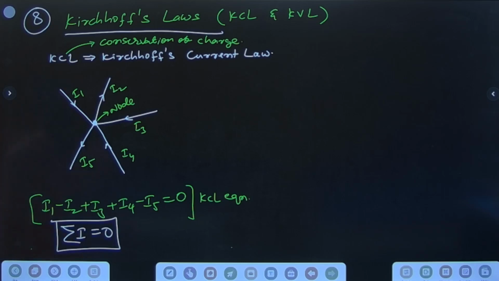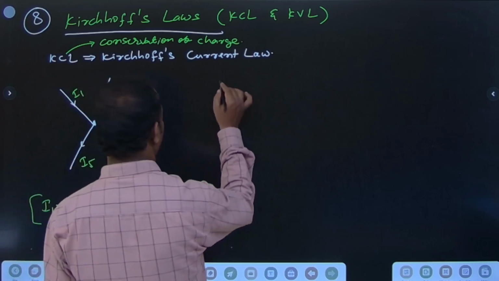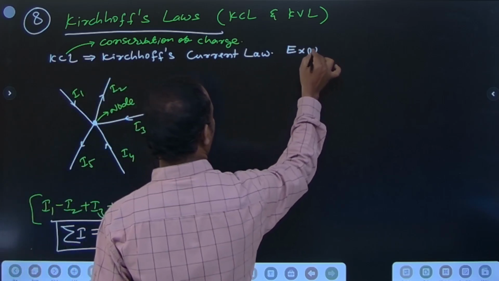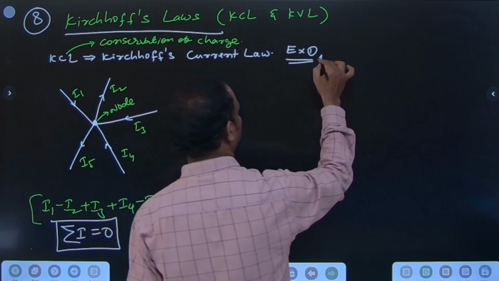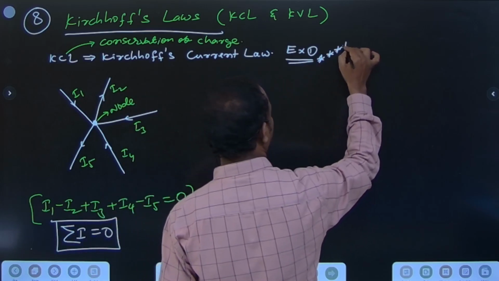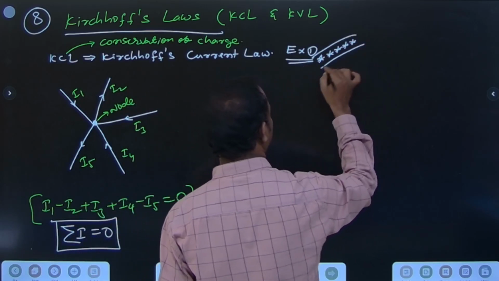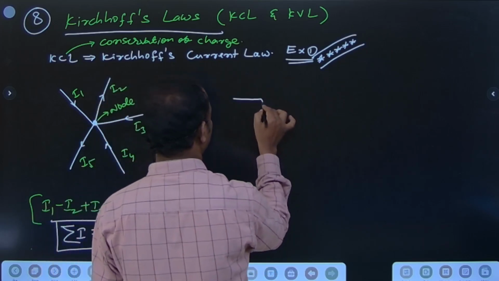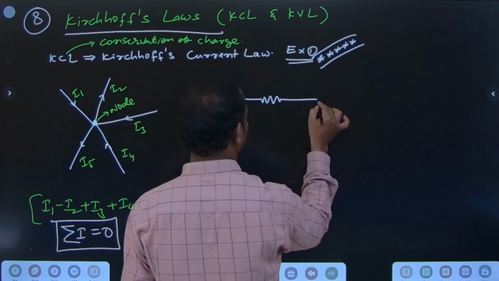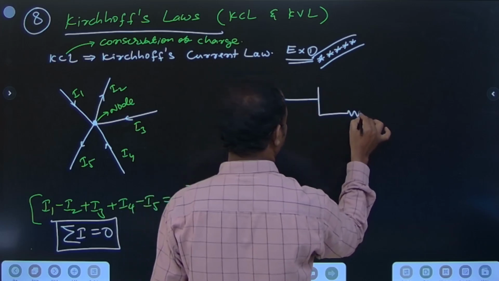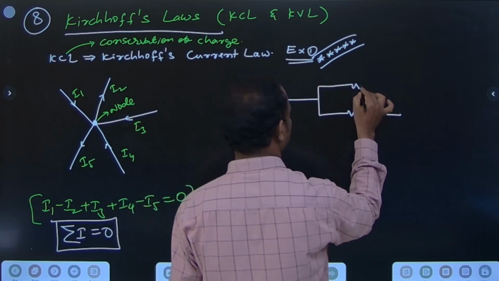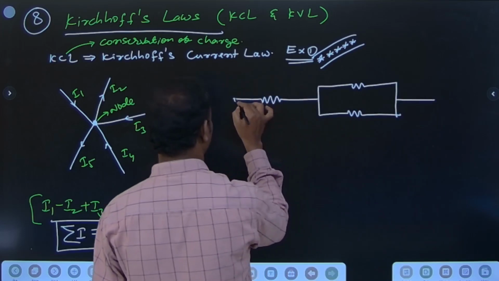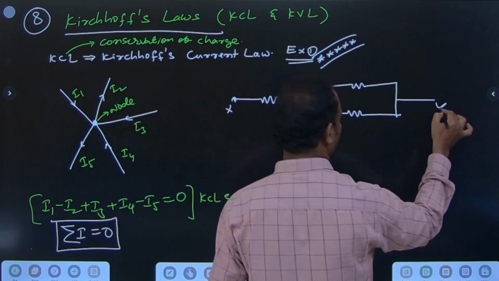So, how to use this for KCL? I'm talking about example 1, very important for problem solving at all levels. There is a resistor, and next is another resistor, connected to a point X and Y potential difference.